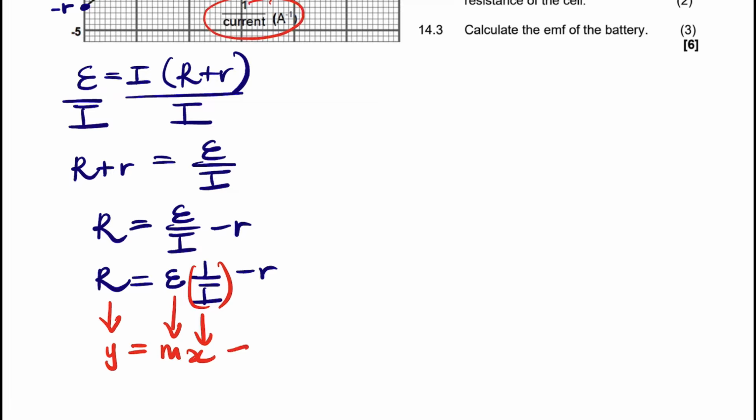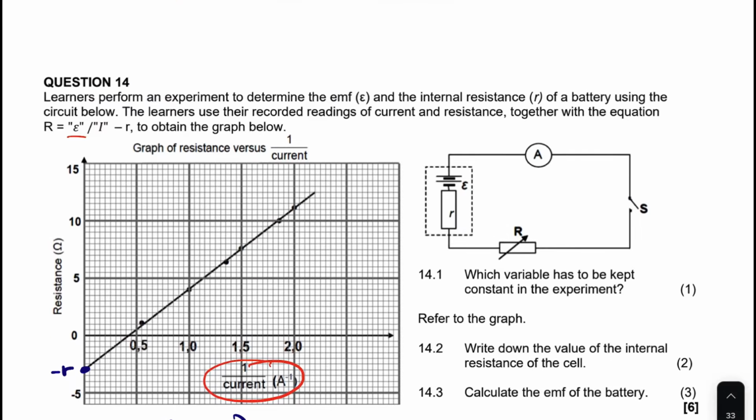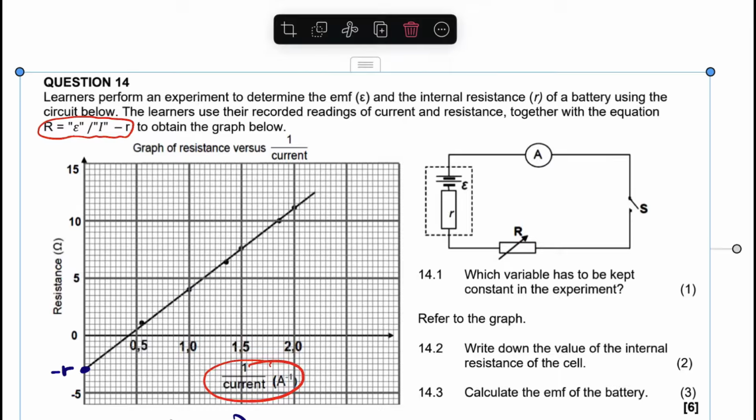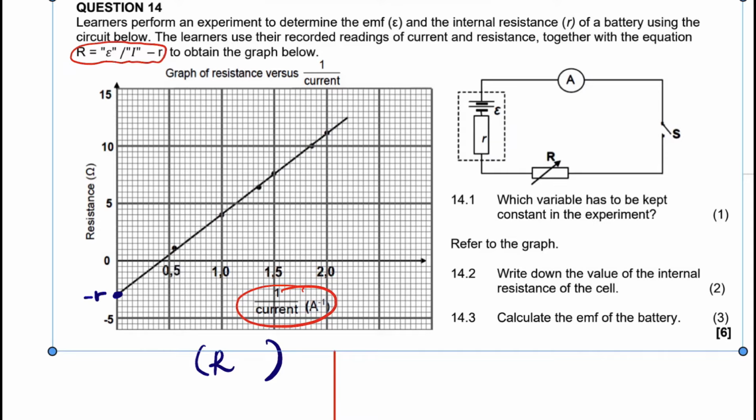And then minus r, it's going to be plus c. This is your intercept. That's very important, guys. That's where the graph comes from, or the equation comes from. This equation, the one that we're given, guys, most of the time they'll give you this equation, right? Now let's answer the question quickly.